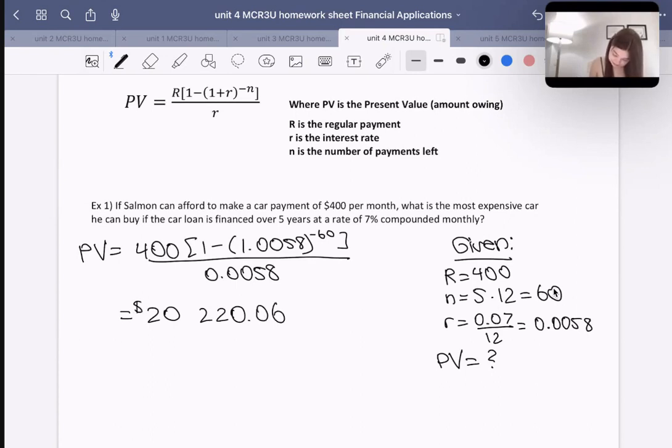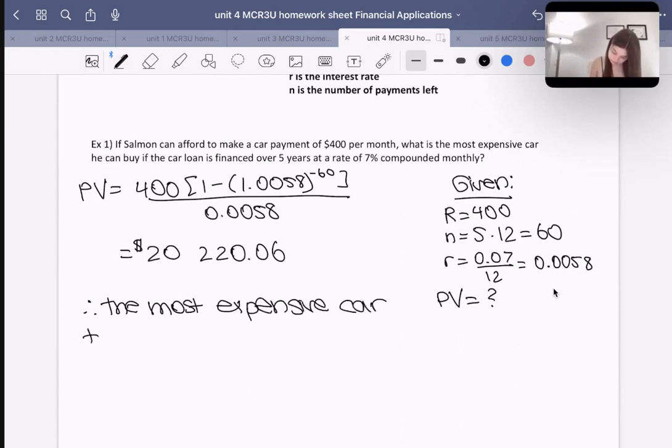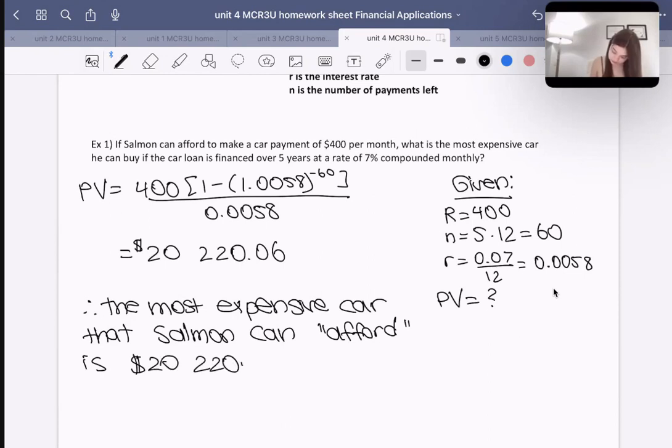$20,220.06. And so therefore, we know that the most expensive car that Salmon can afford is $20,220.06.